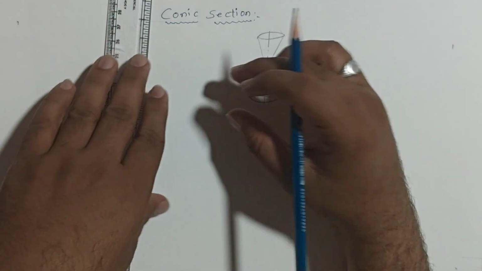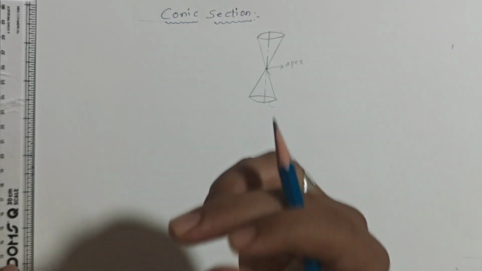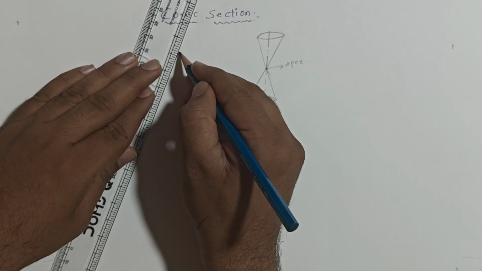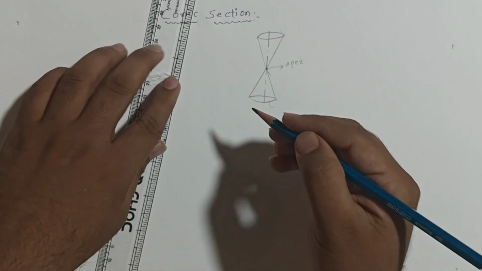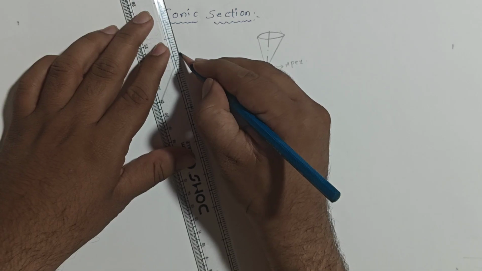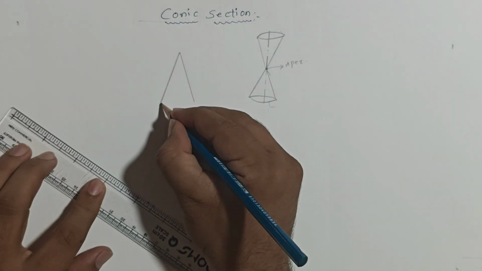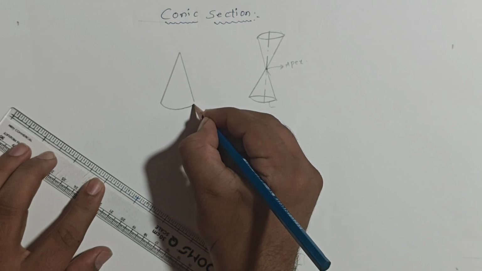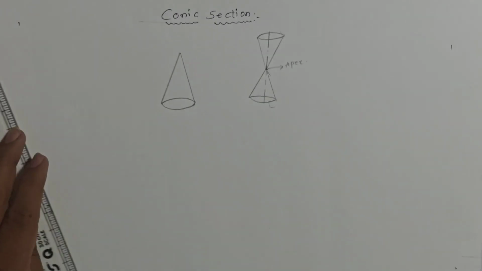So I will explain one by one. Let us see. I will elaborate this figure here, then you can understand very easily. Let us see.